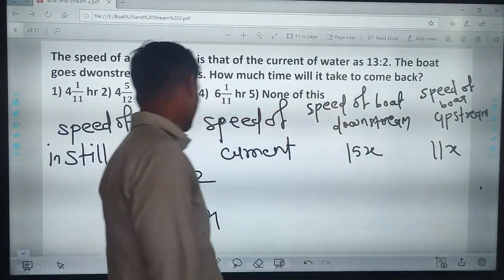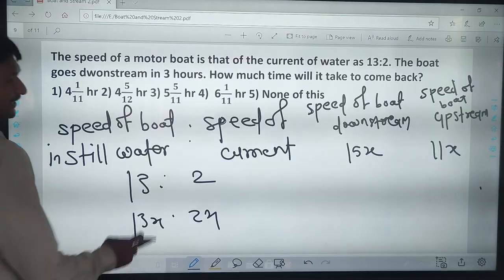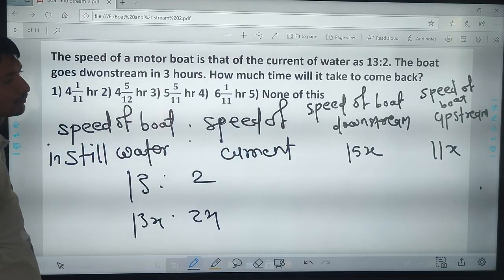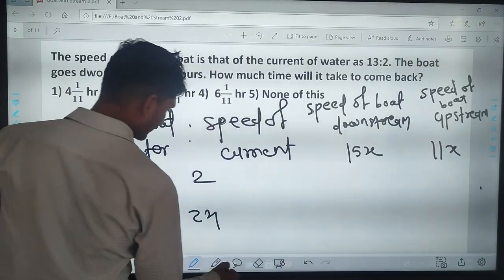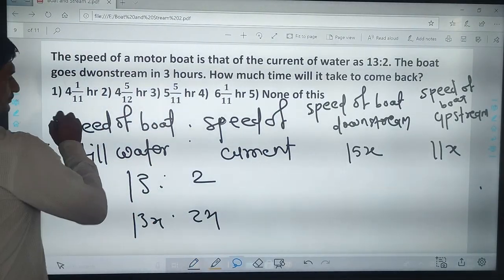Addition of these two is the speed of the boat downstream, and subtraction of these two is the speed of the boat upstream.